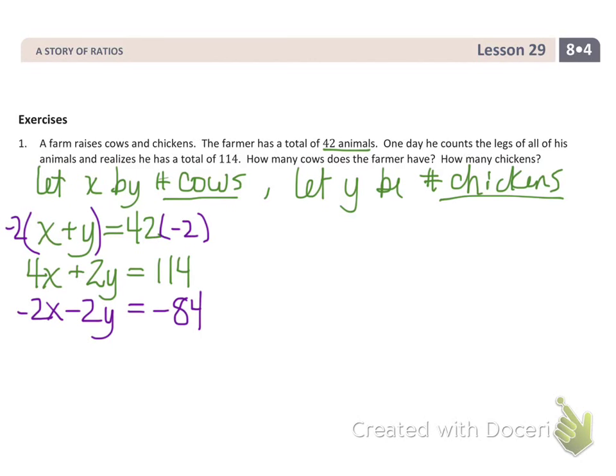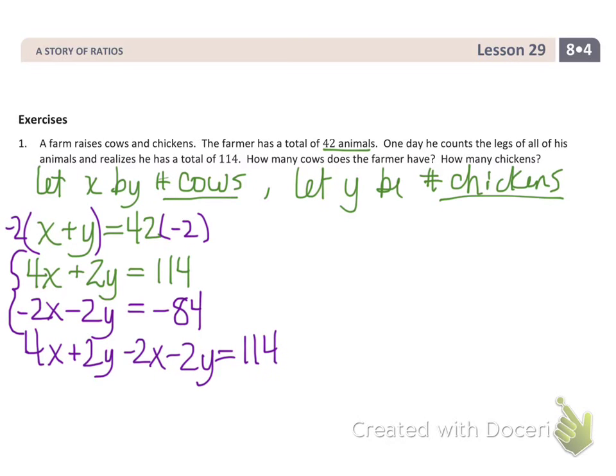Okay, so then I'm going to combine these two equations here. I'm using elimination here. 4x plus 2y minus 2x minus 2y is equal to 114 plus negative 84, or minus 84, however you want to think about it.